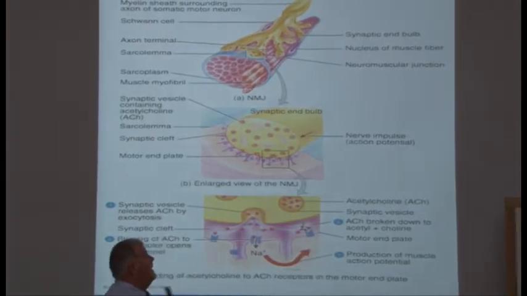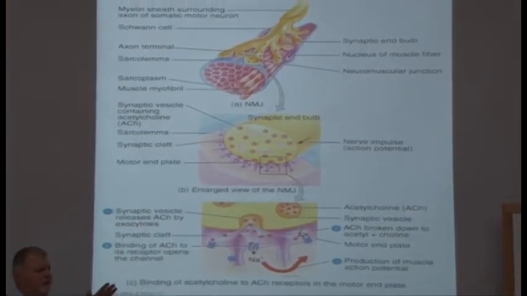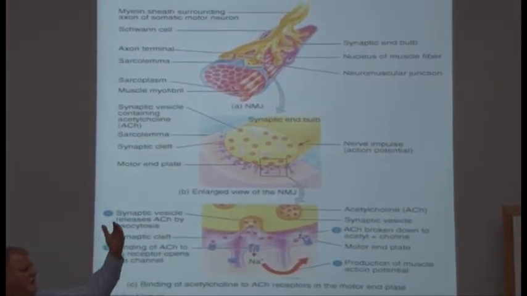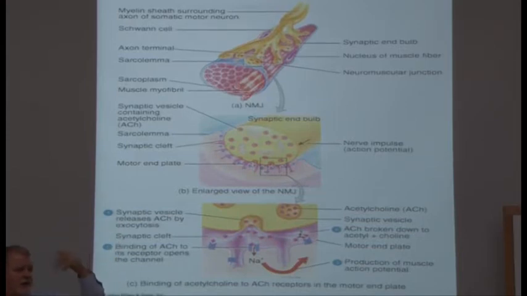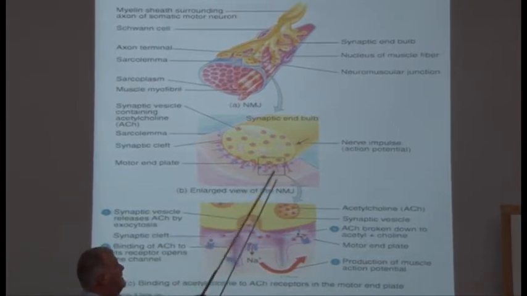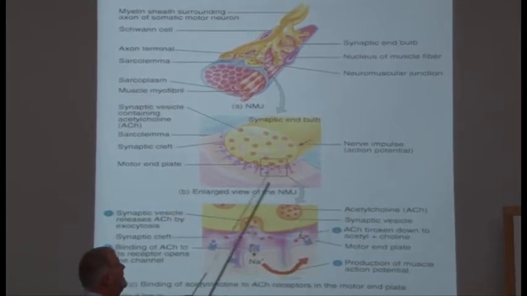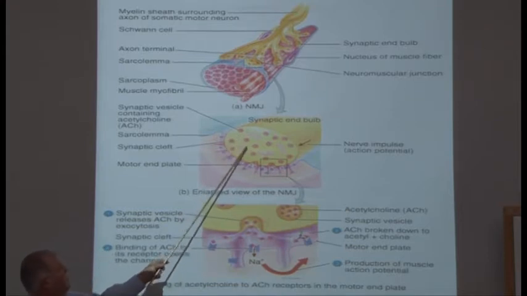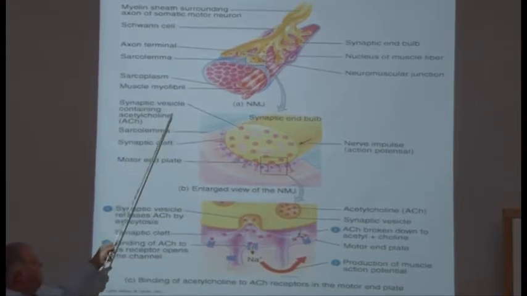All right? And so what happens is we've got this wave of depolarization that was created by your brain that goes out via a nerve. And when it reaches a synaptic terminal, it triggers the release of acetylcholine from structures called synaptic vesicles.